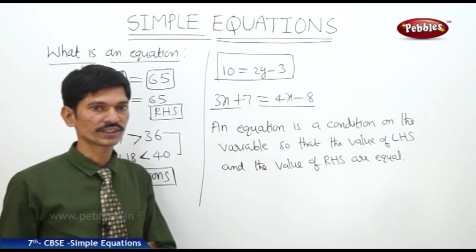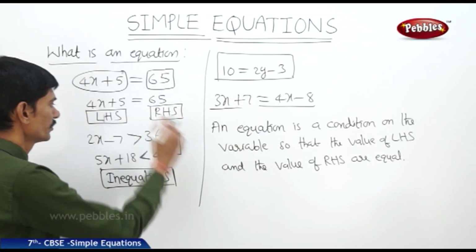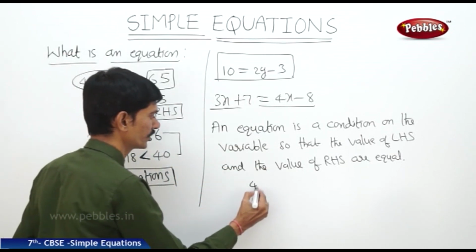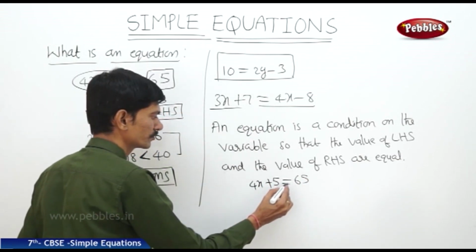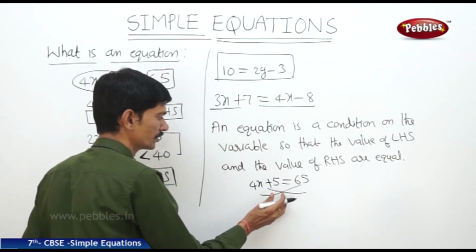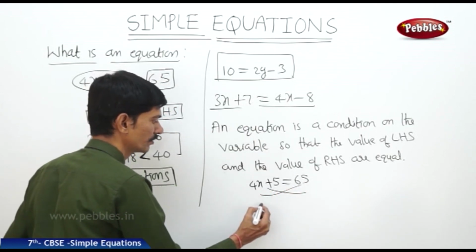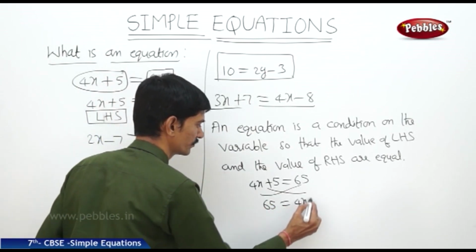Now what happens if you interchange both the LHS and RHS? For example, if you take the equation 4x plus 5 equals 65, I am interchanging both LHS and RHS, meaning both are replaced by each other. Then we get 65 equals 4x plus 5.